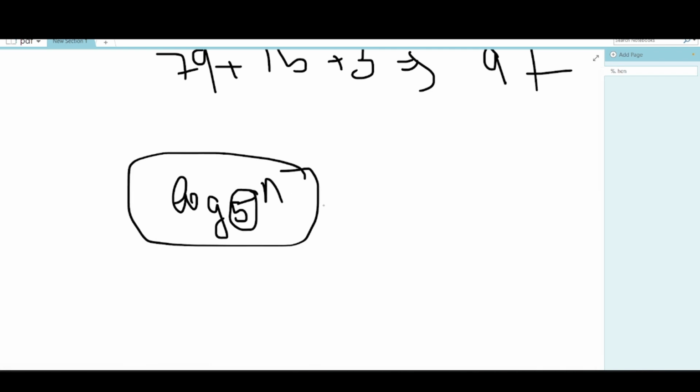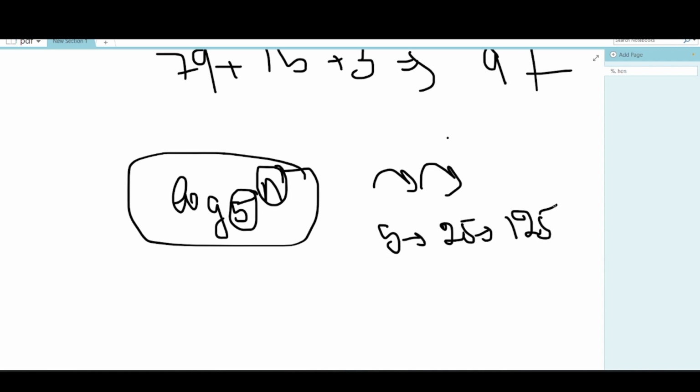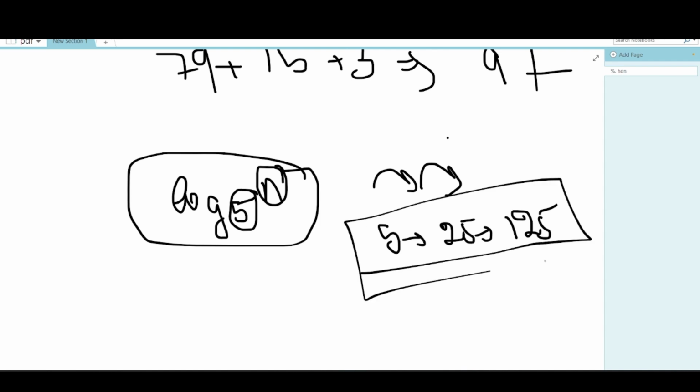Base 5 because after each iteration I am multiplying i by 5, and i goes up till n. So my series is going from 5, then 25, then 125. So it's log n to the base 5. This is the time complexity.